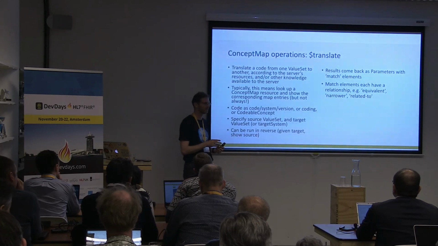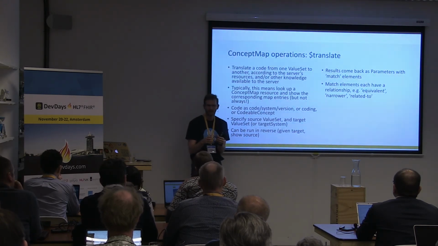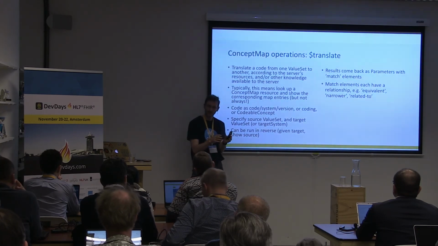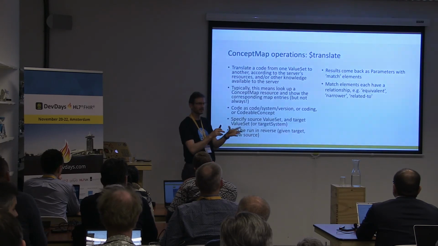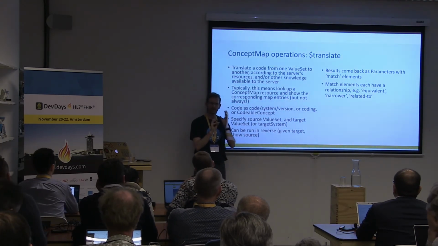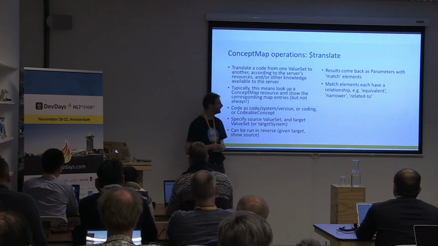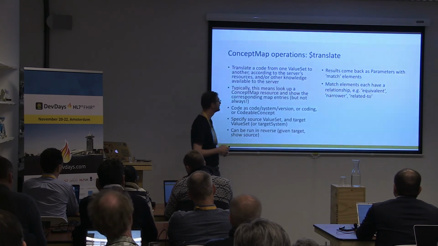So at the moment, there's equal and equivalent, and there's narrower and specializes, and there's wider and generalizes, and there's unrelated. And so there's a large set, including a bunch that sound very similar and have only very subtly different meanings, depending who you talk to, and that will be greatly simplified in FHIR R5.